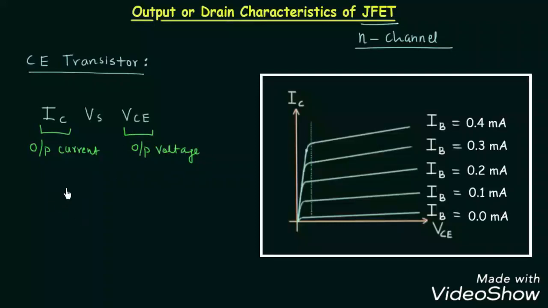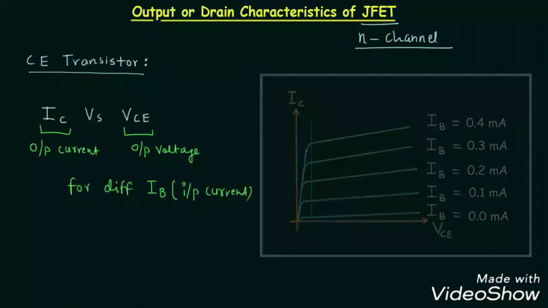And these curves we obtained for different base currents IB, where IB is the input current. So this was the scenario in case of common emitter transistor.